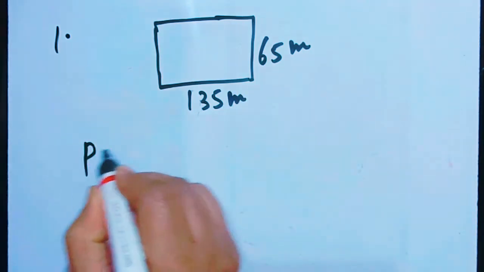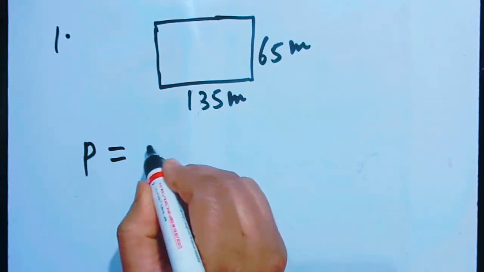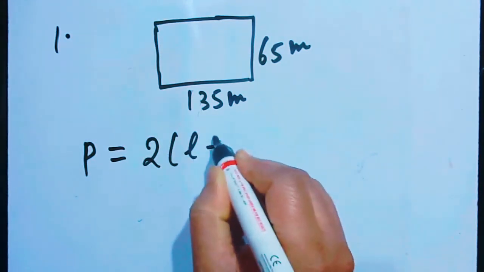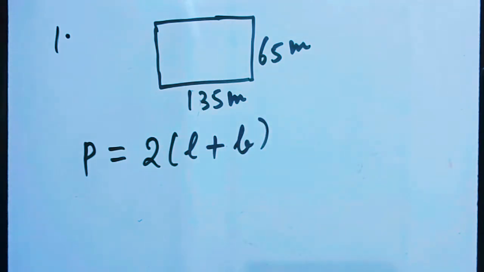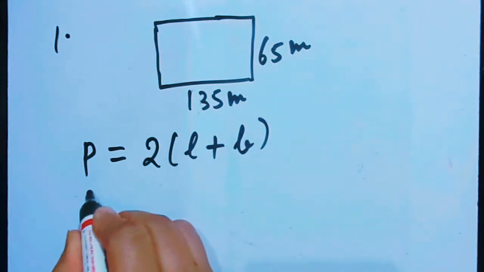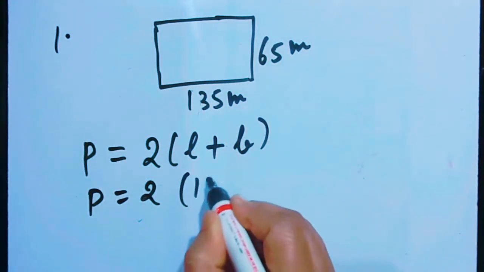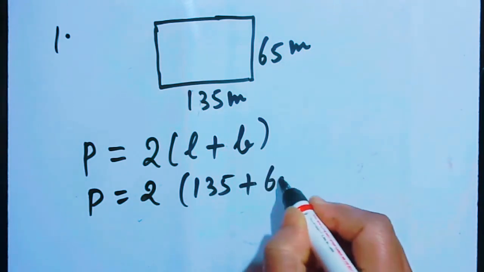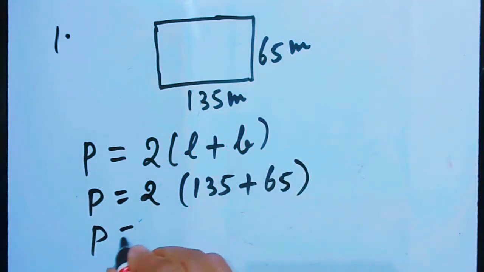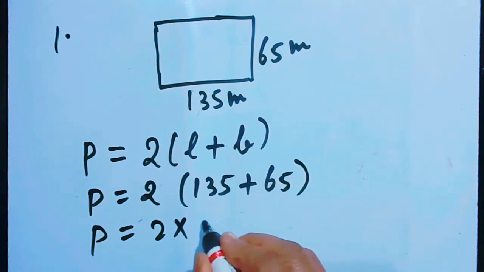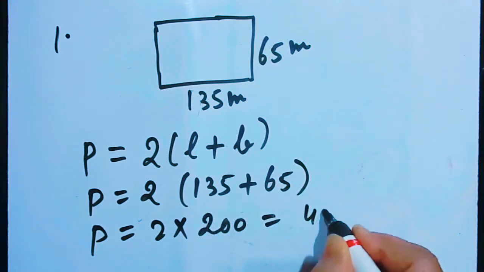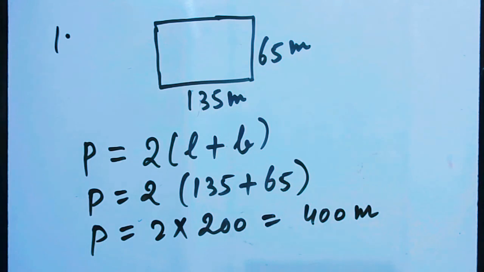You have just studied that the perimeter of a rectangle is equal to 2(L plus B). So P is equal to 2 times (135 plus 65). So you will get P is equal to 2 times 200, which is 400 meter. Perimeter should always be in meter or centimeter or decimeter.